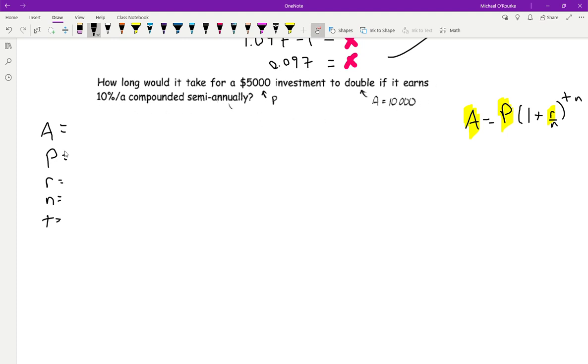So who wants to walk me through where to put everything? Someone be a brave volunteer. Someone help him out in chat there.